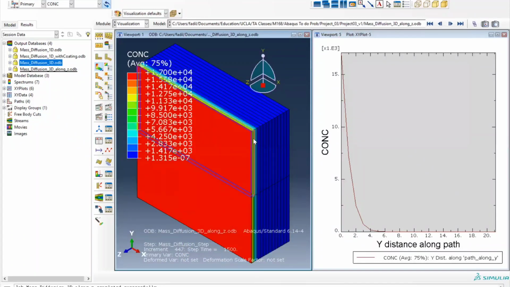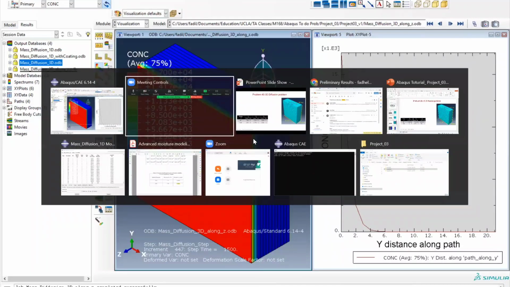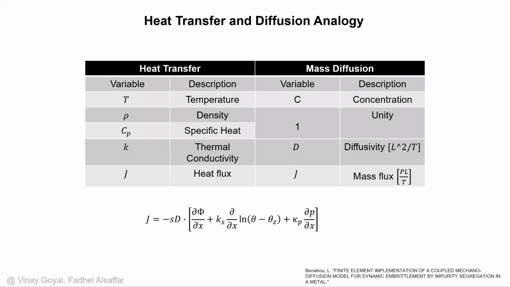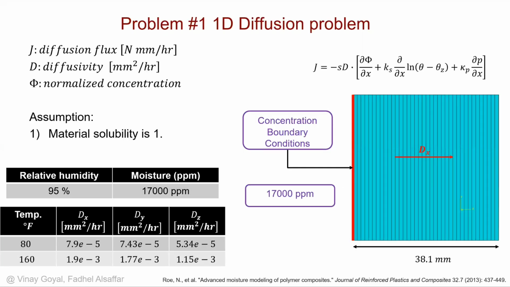So again, I'll try to reiterate what we did. Let's go back. We basically wanted to see how the diffusion process along the thickness of the material happens, and we plot the results. We're using variable concentration, where the concentration on the edge was increasing linearly, and then it started to diffuse inside the material.